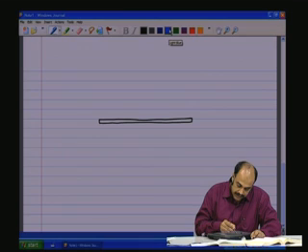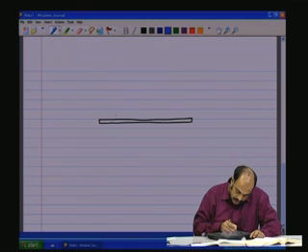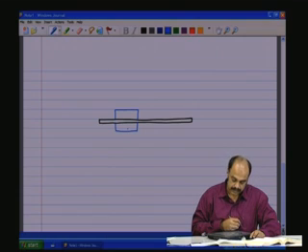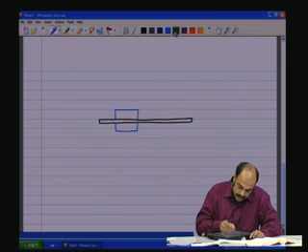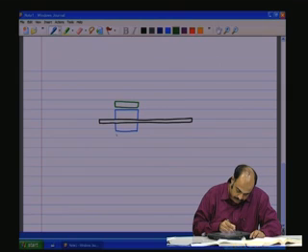So on the rotor shaft, let us have the rotor like that, and we have the stator, which is shown in green. This is the cross section.